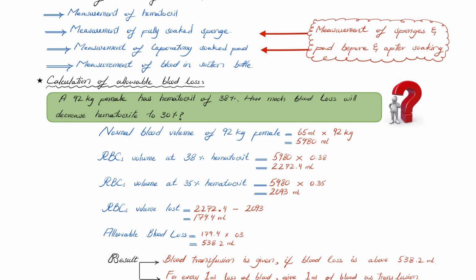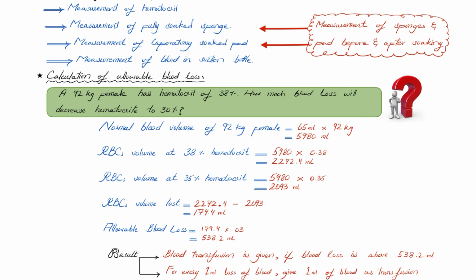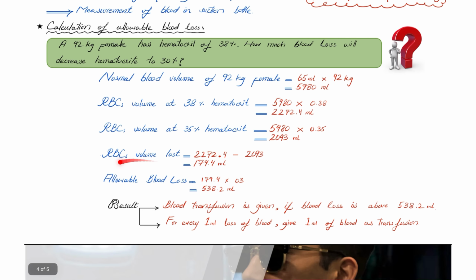2,272.4 milliliter, and RBC volume at 35% hematocrit is 2,093 milliliter. So RBC volume lost is 179.4 milliliter, and allowable blood loss is 538.2 milliliter. So if blood loss is more than 538 milliliter, then there will be need of blood transfusion.